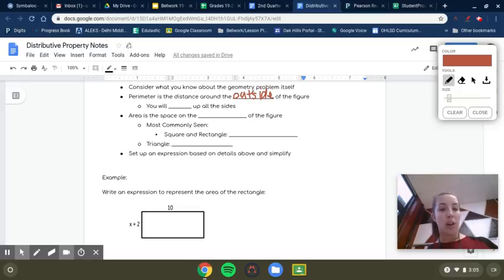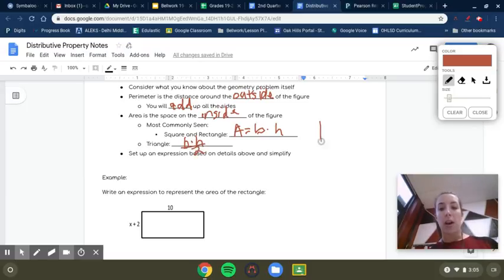And that means that you will have to add all 4 sides together, while area is the space on the inside of the figure. And most commonly seen in squares and rectangles, that would be A is equal to base times height. But in a triangle, it's base times height divided by 2.